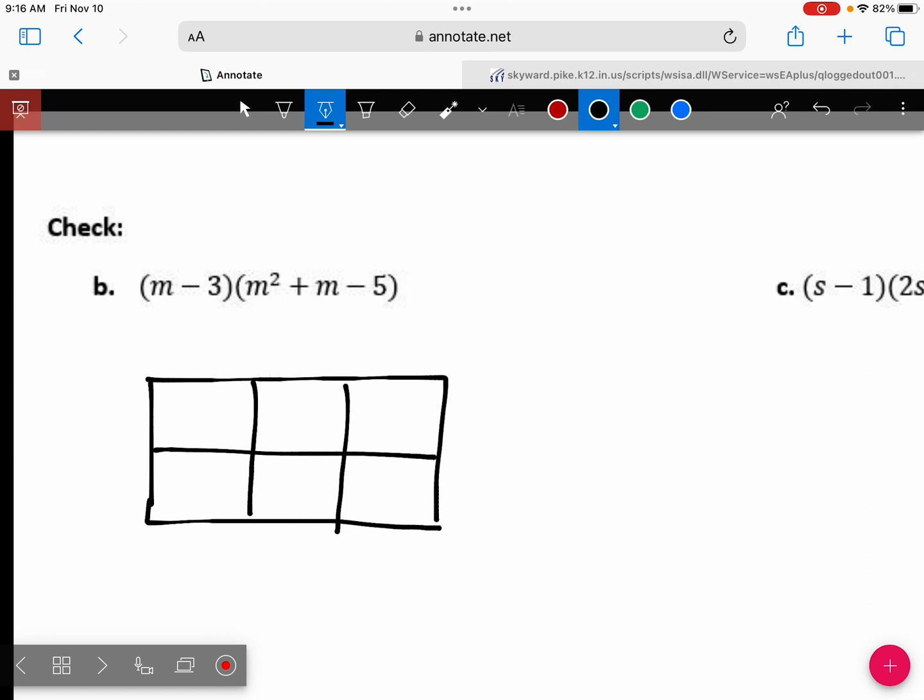So when you make your longer box, you're going to put the m minus 3 down the side, and then across the top is m squared plus m minus 5.